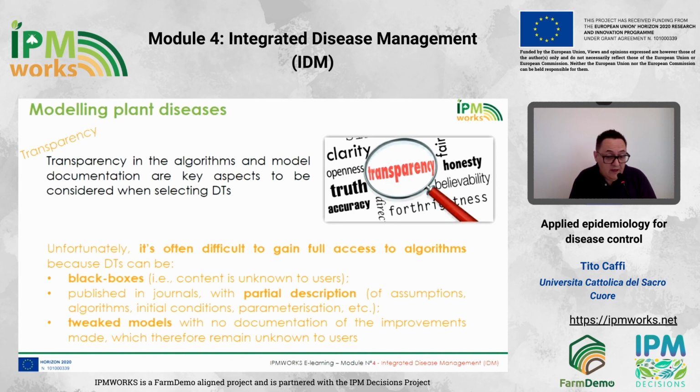Or if they are partially described, even if published, we can have only some detail. Tweaked models with no documentation of the improvements made remain unknown to users. So look for models that have been published and are available, and looking in the main or technical journals, we can have information about them.